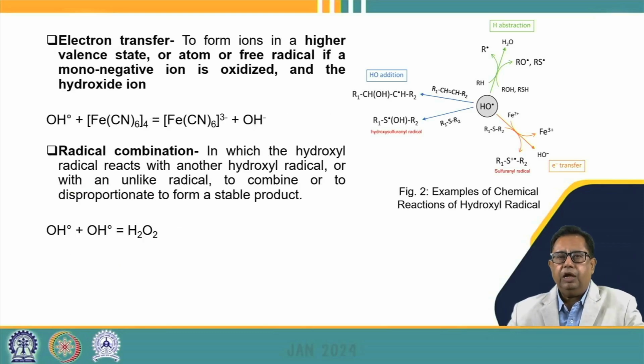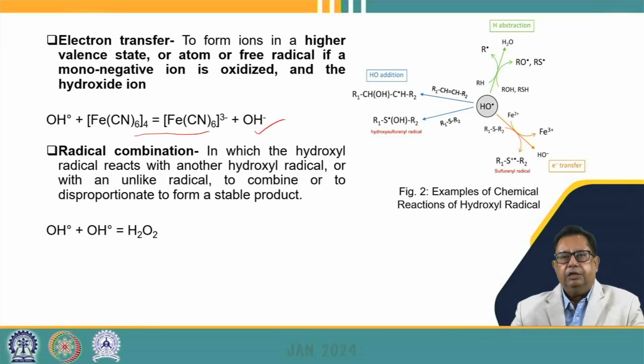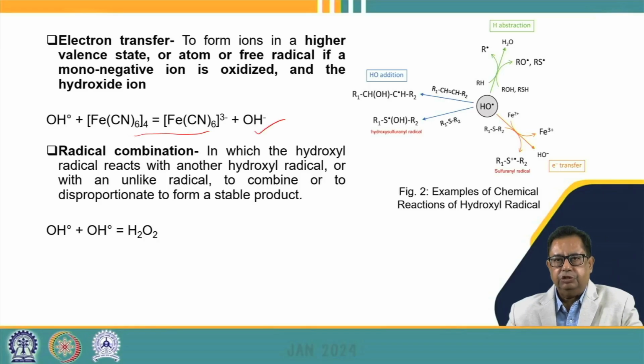Then we can also have the electron transfer, that is where the electrons can be transferred from the dot OH radicals and they can lead to the formation of the higher valence state or atom or the free radical. For example, we can see here that ferrous can be oxidized to ferric ions and OH minus ions get released in this process. Okay, so this is because of the electron transfer.